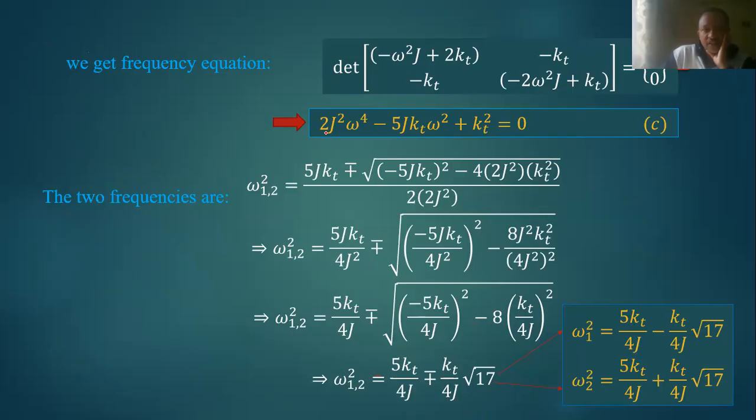Observing here, we have 2J squared as A, minus 5JKT as B, and KT squared as C. Just substituting this into the quadratic formula, finally we get omega 1 squared is equal to 5 KT over 4J minus KT over 4J times the radical of 17, and omega 2 squared is equal to 5 KT over 4J plus KT over 4J times the radical of 17.